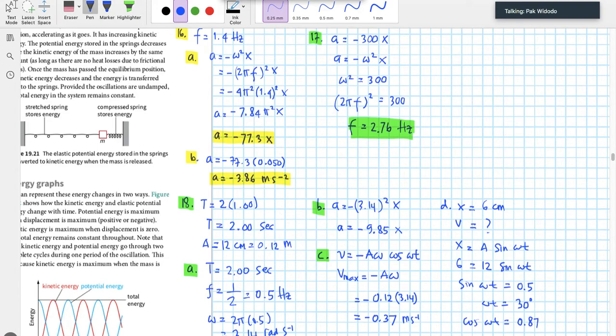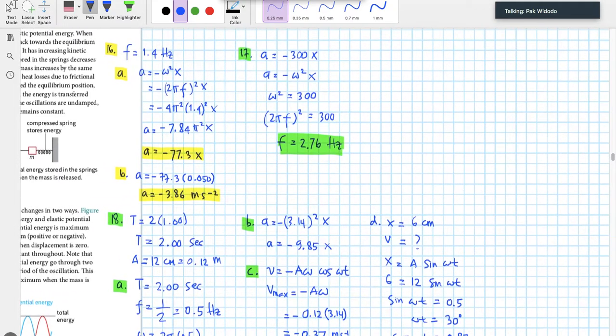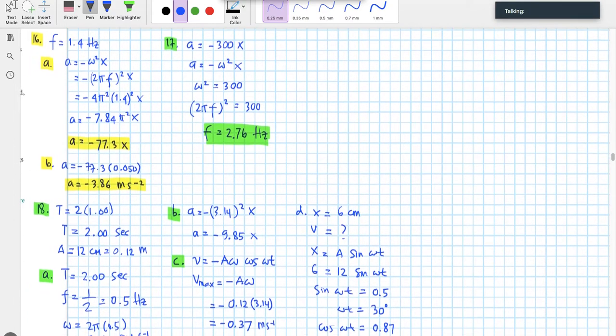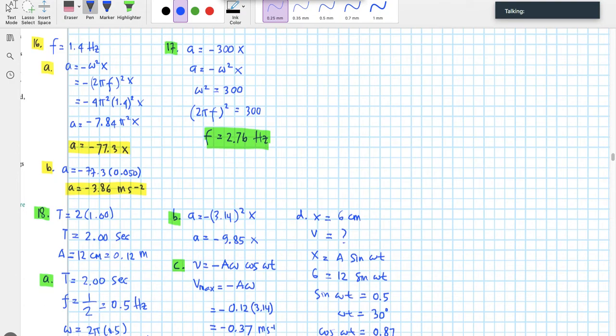So from this, v equals, back again to the formula A omega cos omega t. We have A is 0.12 in meters, omega is pi, 3.14, and cos equals 0.87.